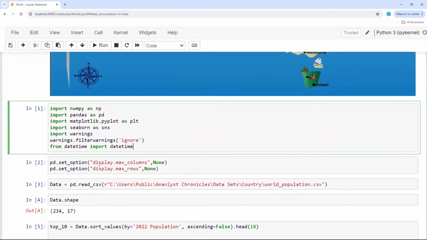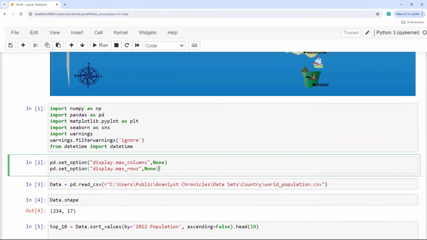I'm also setting these options so that I'll be able to see all the columns and all the rows. For example, if my data set has 100 rows and 10 columns, or 100 rows and 100 columns, it will not display all the columns or rows, depending on the system setup.